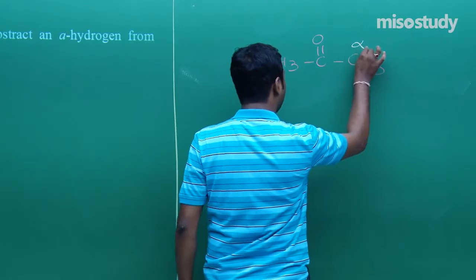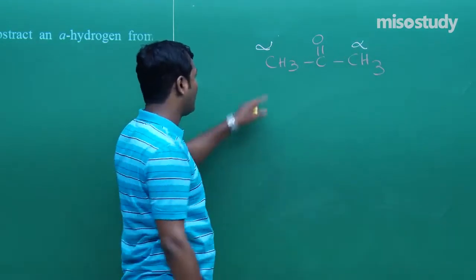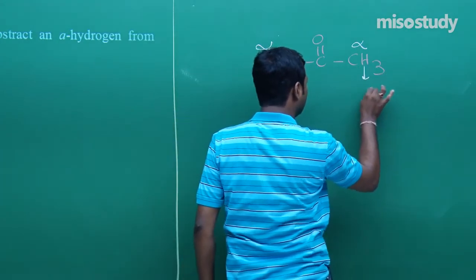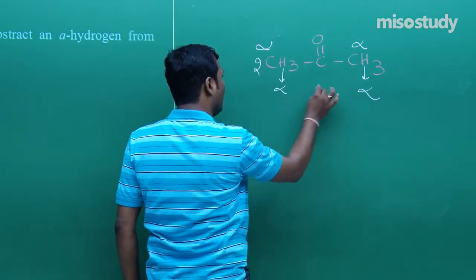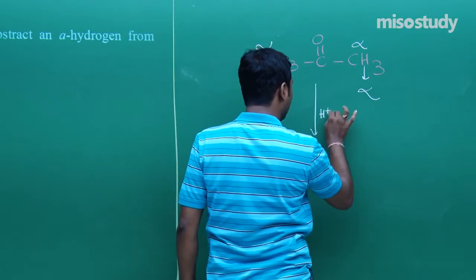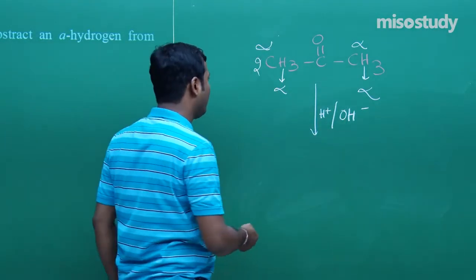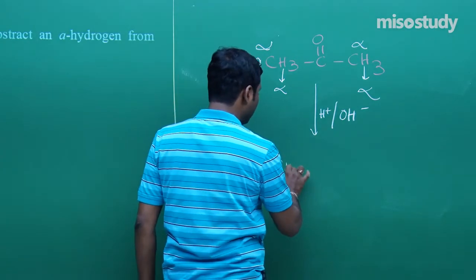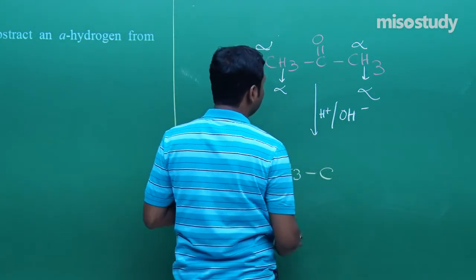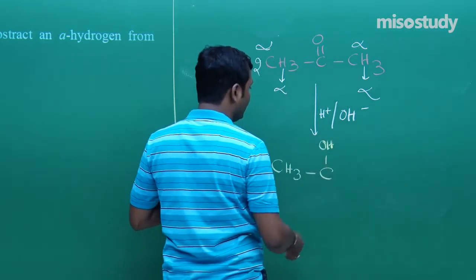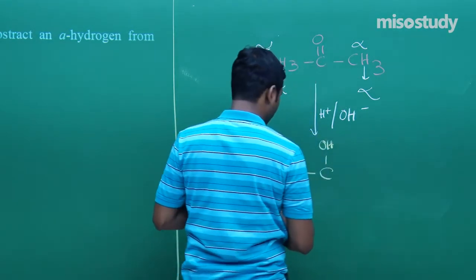This is the alpha carbon, so these hydrogens are alpha hydrogens and these hydrogens are alpha hydrogens. So what will happen in presence of acid or in presence of base? They give CH3COH. Clear to you? Now wait for a moment.